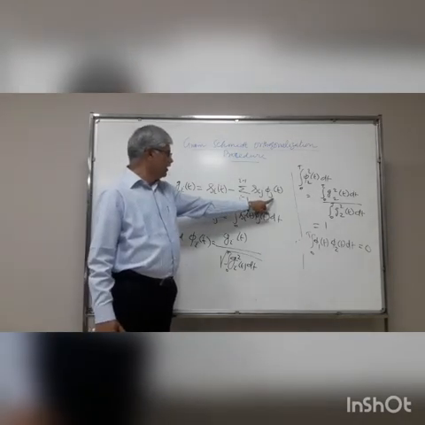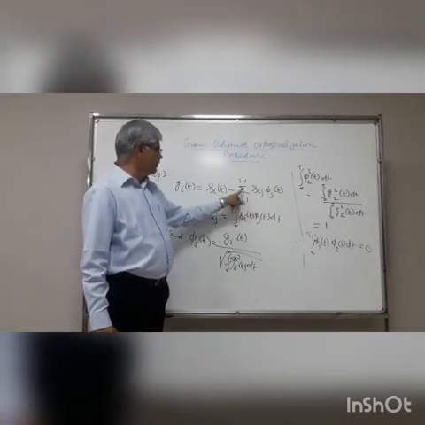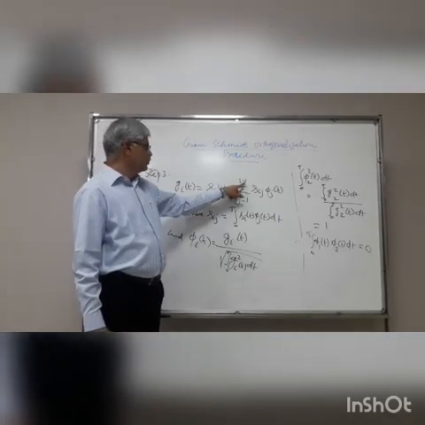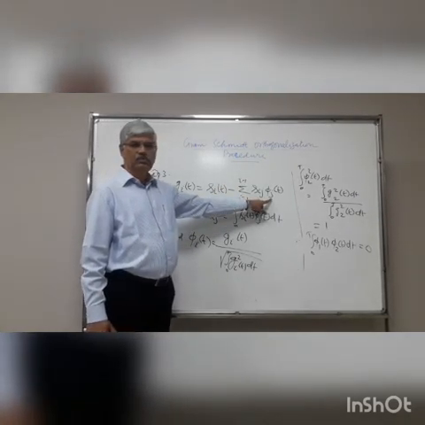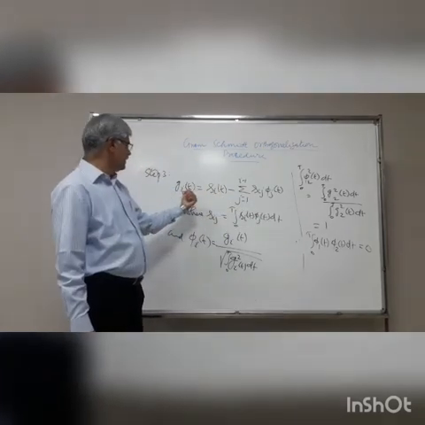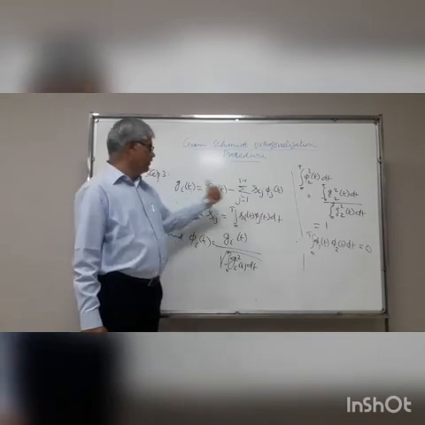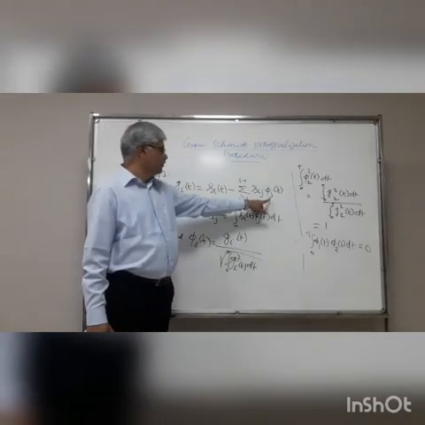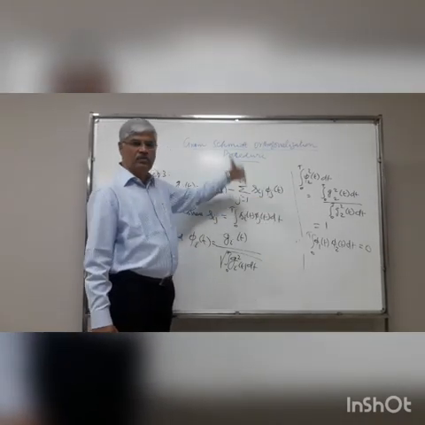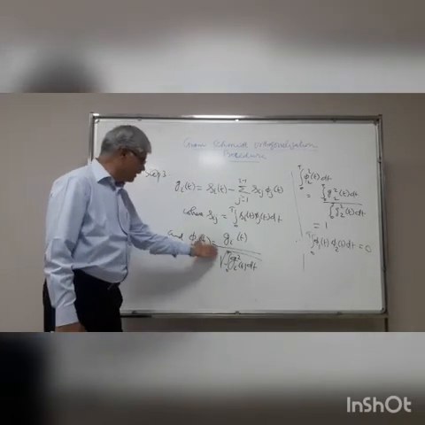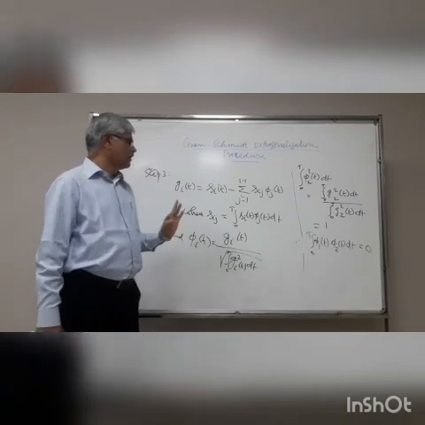The index j varies from 1 to i minus 1. Suppose i is 3, i minus 1 is 2, maximum is 2. So phi 2 will be known. When you are calculating G3, phi 2 only will be used. When you are calculating G4, maximum phi 3 only will be used.